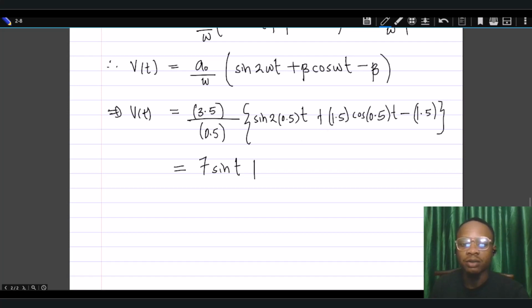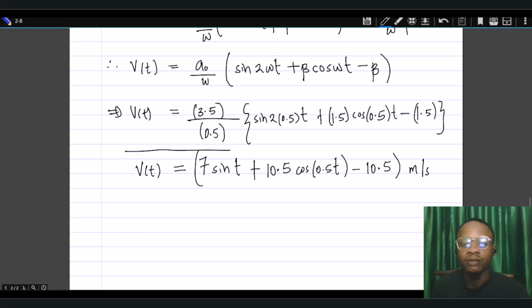So this is going to be plus 10.5 cos 0.5t, and then minus 1.5 times 7 again, that is 10.5. That's everything we have here, and of course this will be in meters per second.